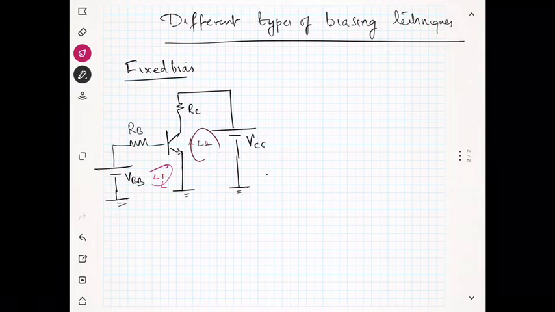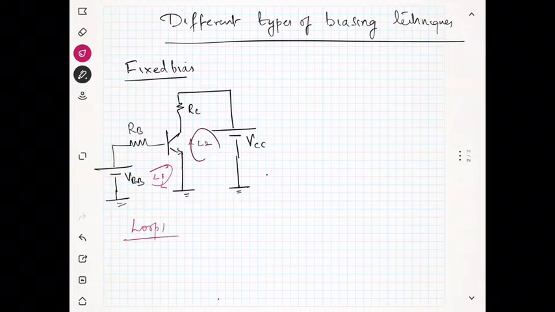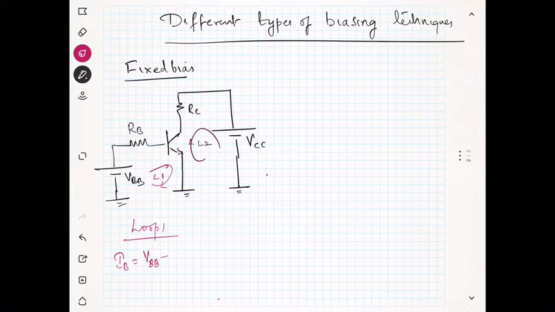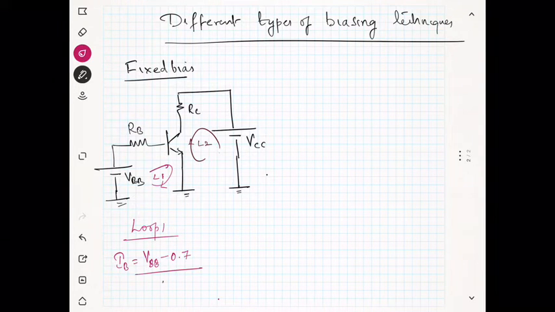Now, in loop 1, if we are writing the KVL, we got IB equal to VBB minus 0.7 over RB. Am I correct?